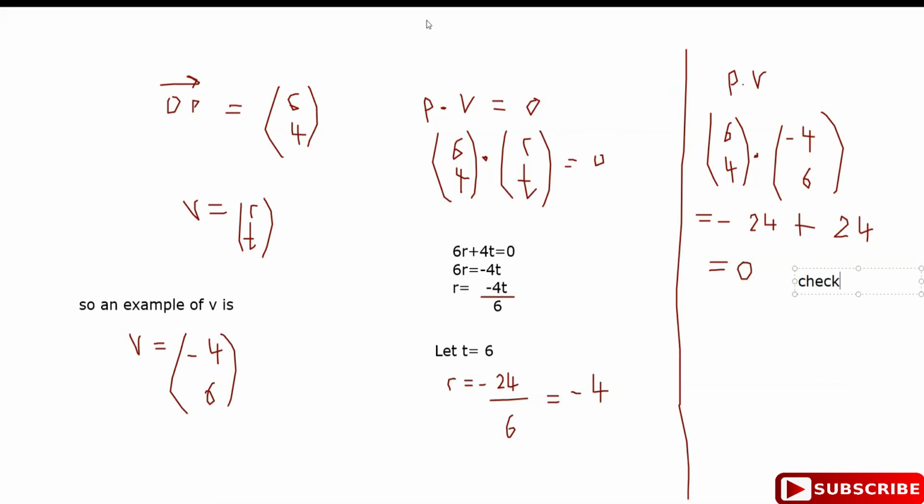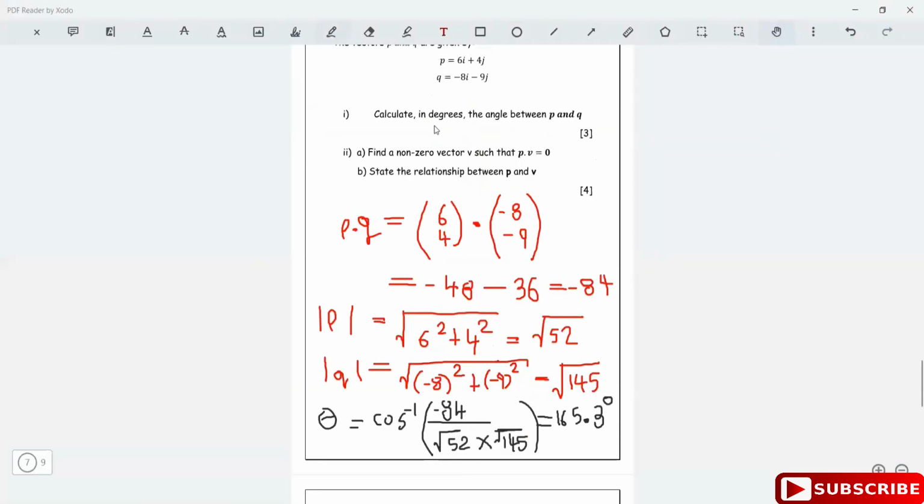So we can state it right here: a vector V is minus 4i plus 6j. That's a possibility. Now what else do we need?